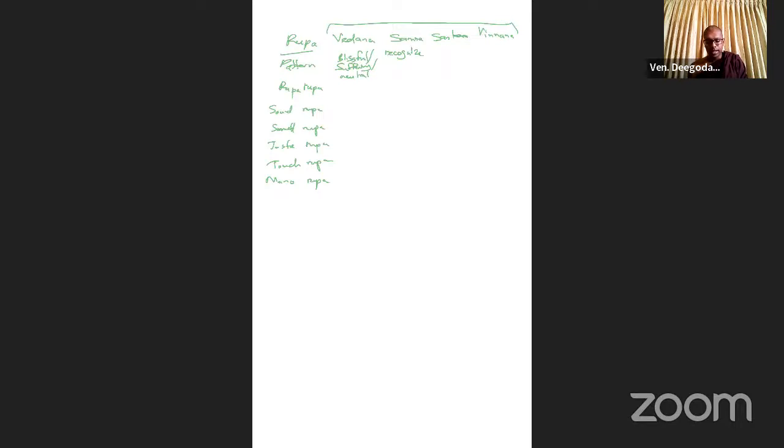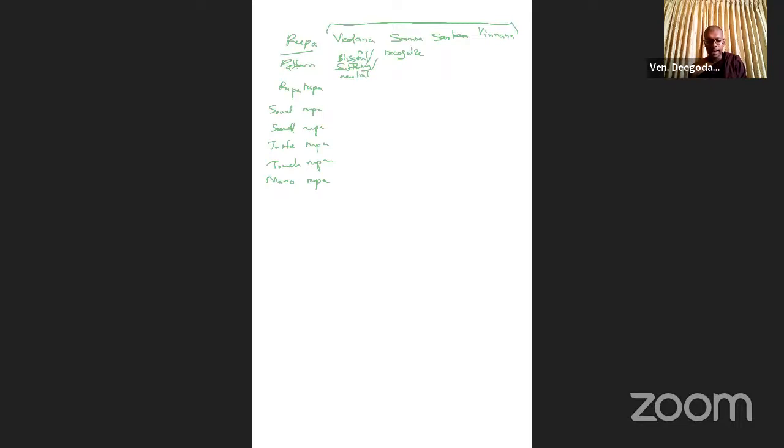Again, there are 6 types based on these 6 modalities: Rupa Sanya, Sabda Sanya, Gandha Sanya, Rasa Sanya, Pottabha Sanya, and Mano Sanya. So that is the recognizing part.